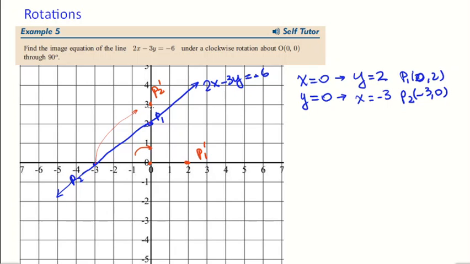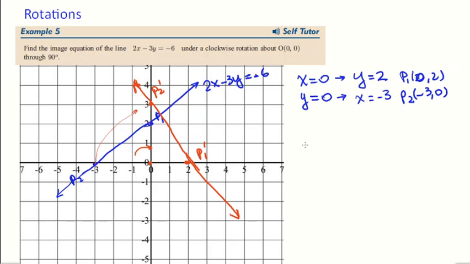So let's try. Approximately that line, right? That would be our new line now, going through those 2 points.